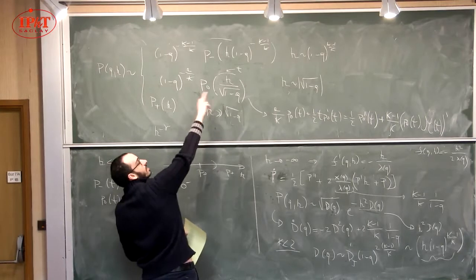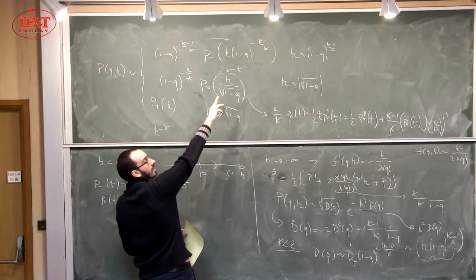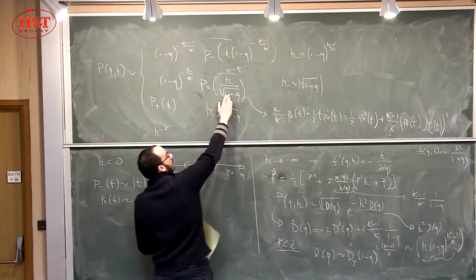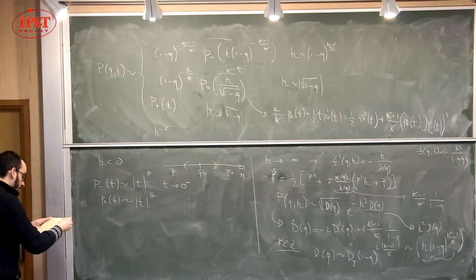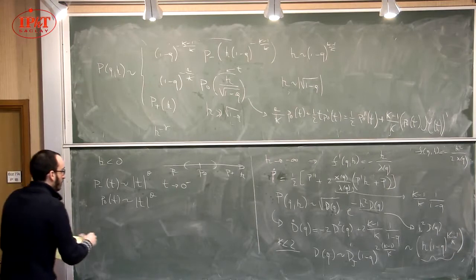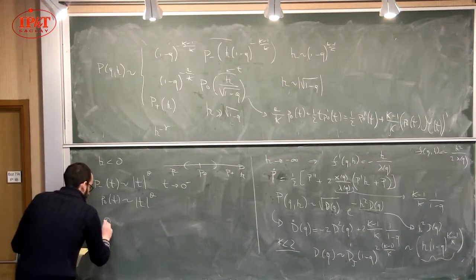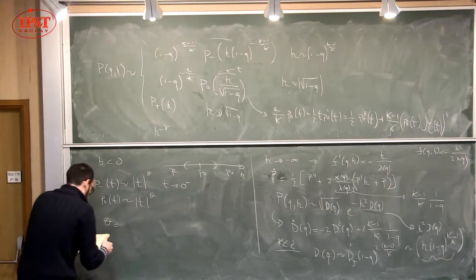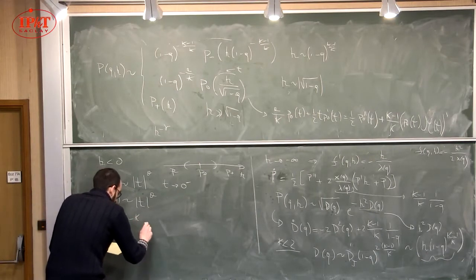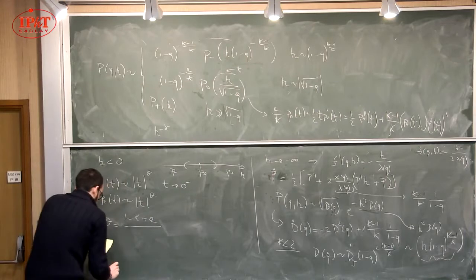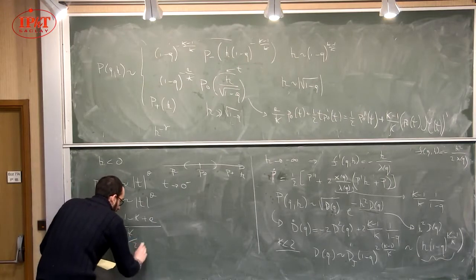Because this t is h times 1 minus q to the power, and this one is this one. So when you plug this, you get a relation for this exponent theta, which is 1 minus k plus a divided by k over 2 minus 1.